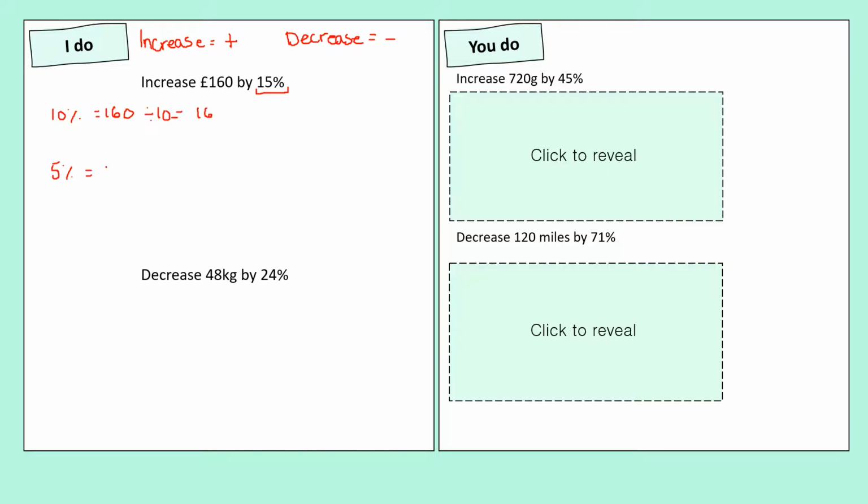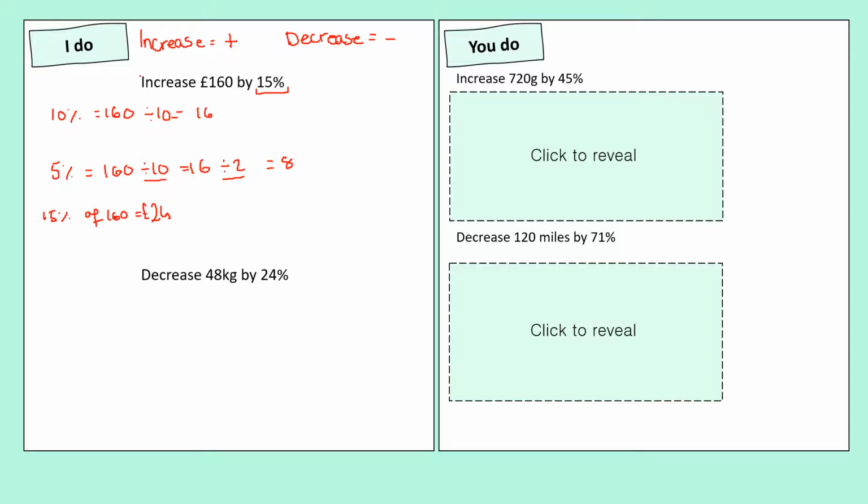And then 5%, I have to do 160 divided by 10, which gives me 16, and then divide that by 2. Remember, divide by 10, divide by 2, and that gives me an answer of 8. Then I add my two values up, so 15% of 160 is equal to 24.